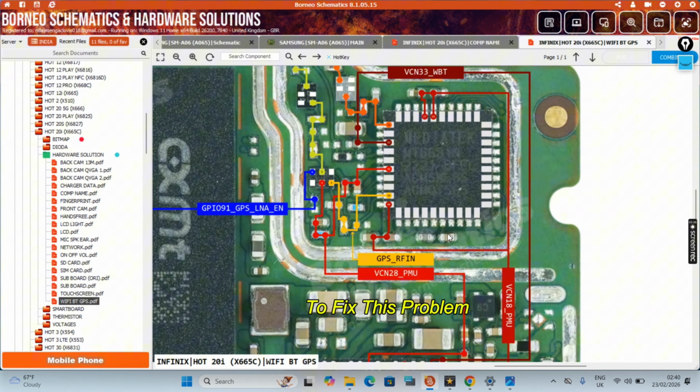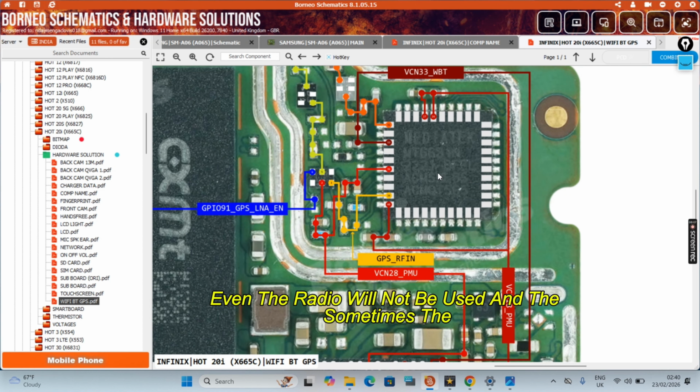To fix this problem, the problem of Wi-Fi, you have to focus on this part. This IC is Wi-Fi, Bluetooth, and GPS. Another thing that you have to know is that if that IC is damaged, even the radio will not be used.